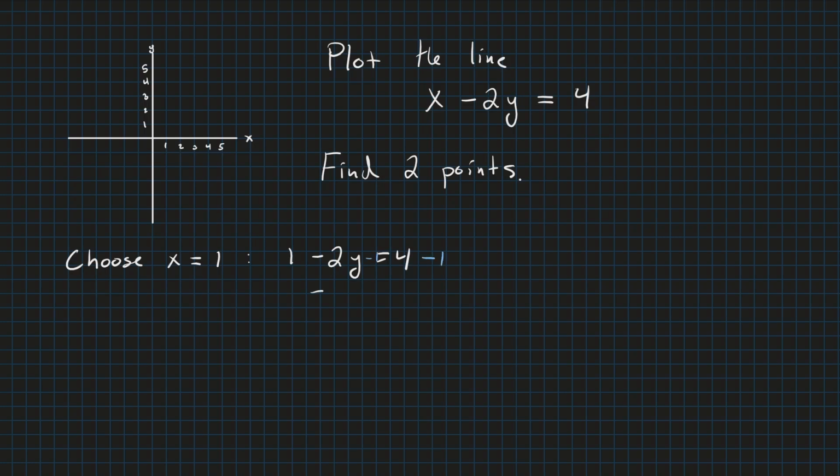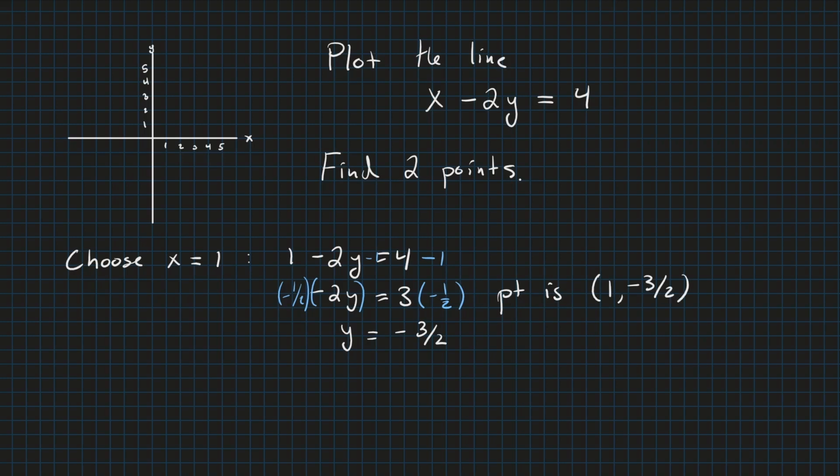And then we'll get minus 2y is equal to 3. Multiplying both sides by a negative 1/2, we will get y is equal to minus 3/2. So the corresponding point here is 1 comma minus 3 over 2.